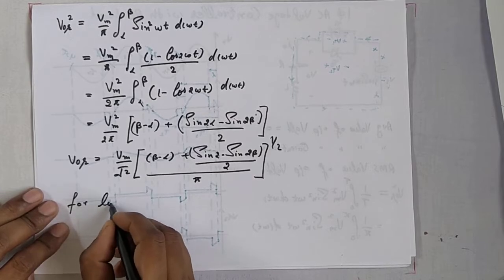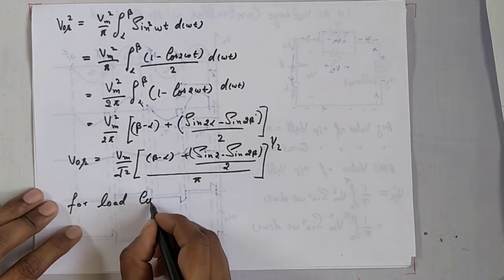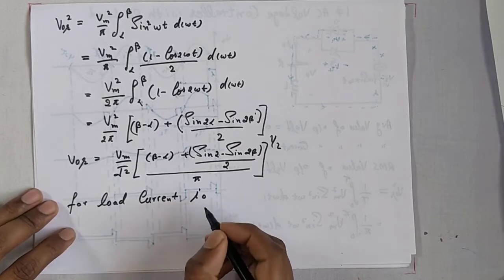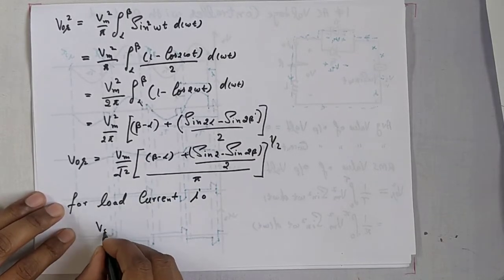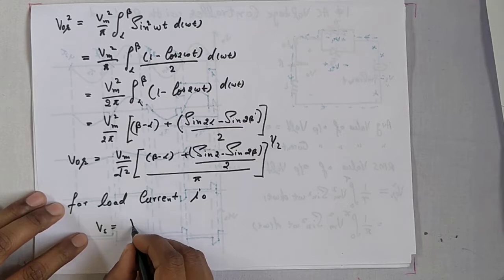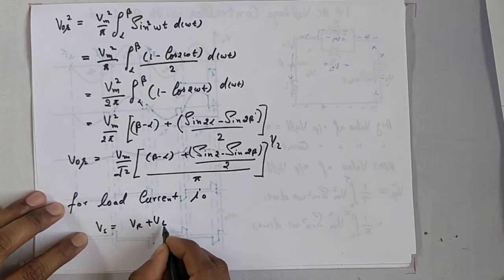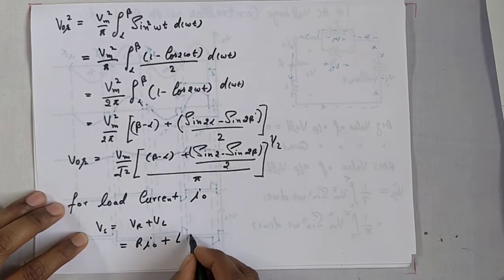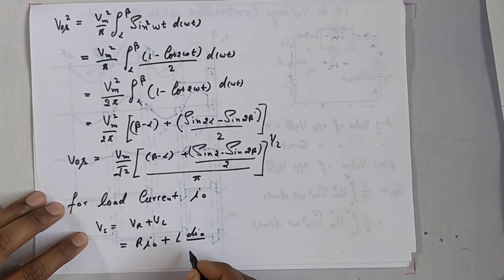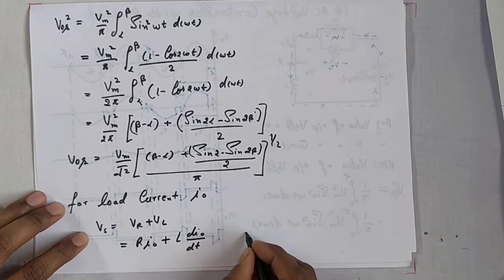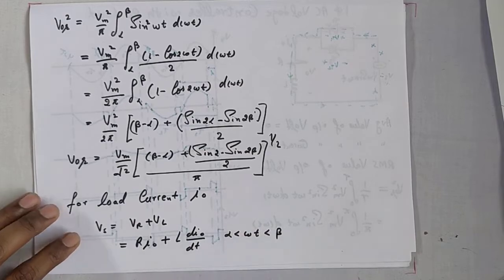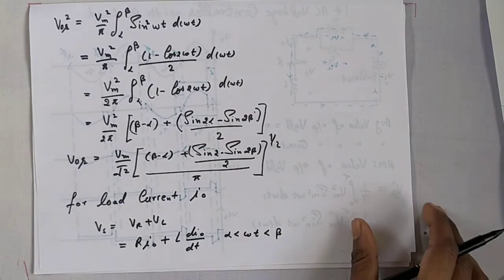For load current I naught, Vs equals VR plus VL, which you can write as R into I naught plus L dI naught by dt, for omega t greater than alpha and less than beta. Okay.